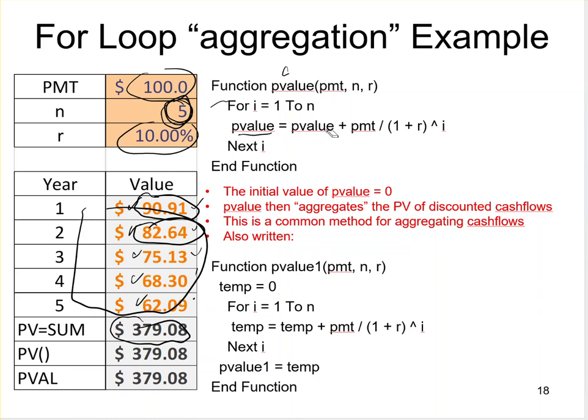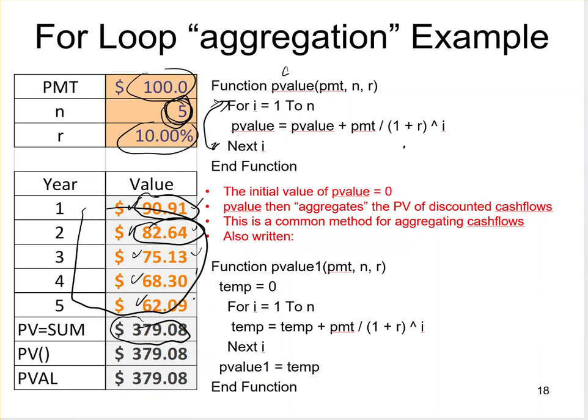So the second time it runs this program, it says p-value is equal to the prior value, 90.91, plus 100 over 1.1 squared, which is 82.64. And so now p-value is now worth about $173.